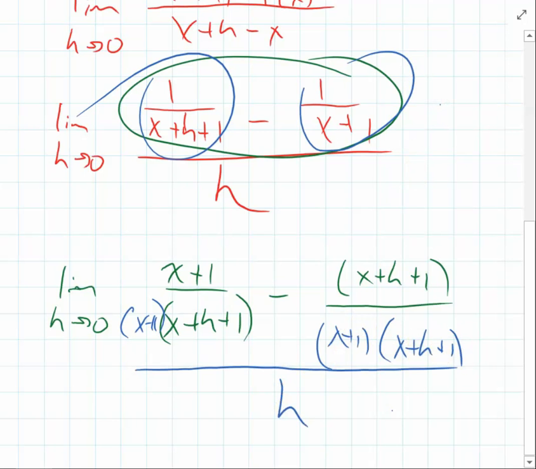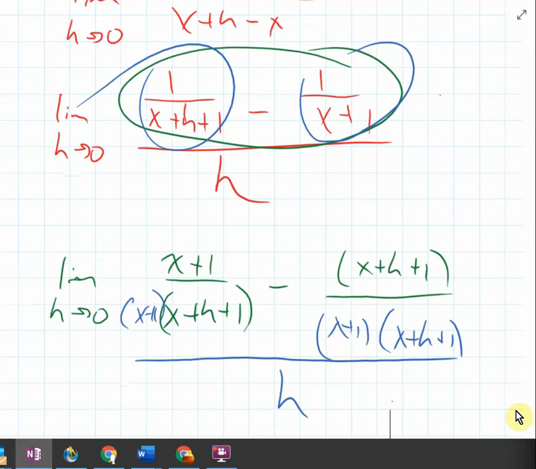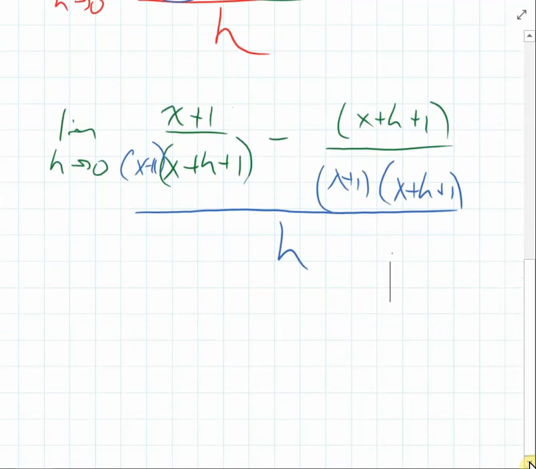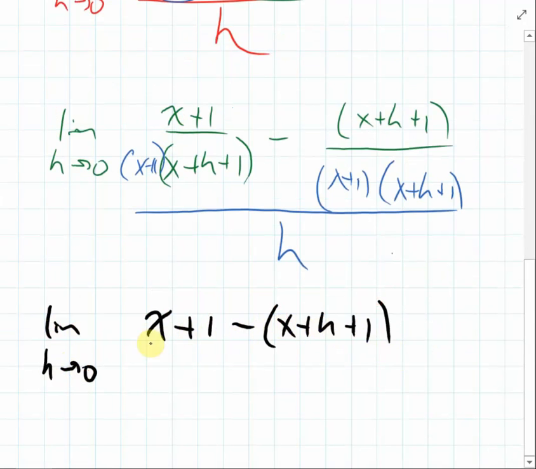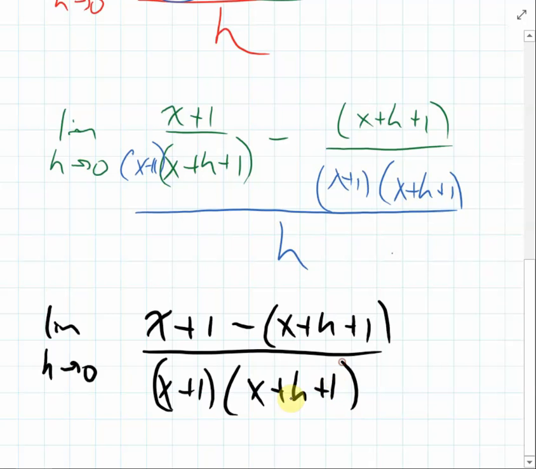So as you're simplifying this, don't cancel these back out. You're putting it there to combine it together. So we would have the limit as h goes to 0 of x plus 1 minus x plus h plus 1, over x plus 1 times x plus h plus 1. Now I could say over h, but I'm actually just going to think about that as h over 1 and multiply this by 1 over h.